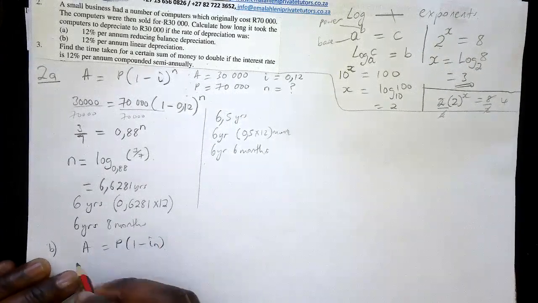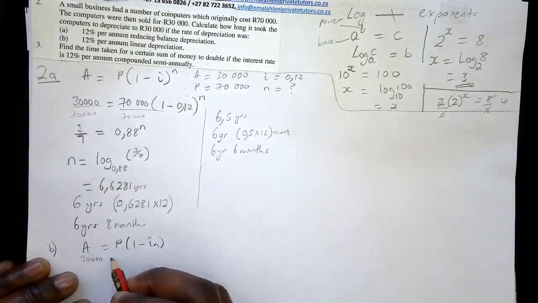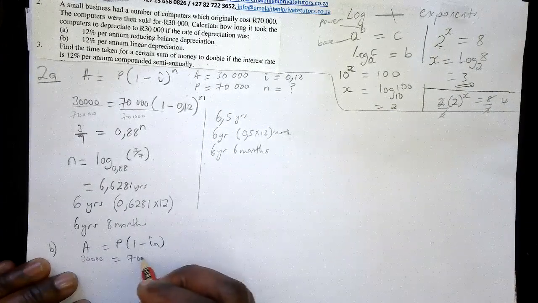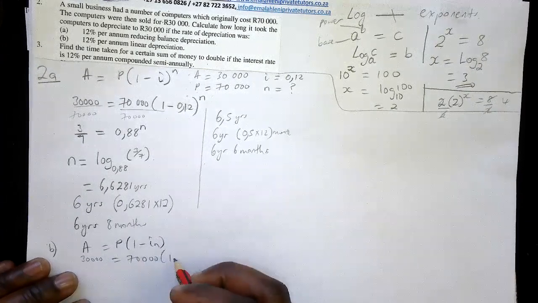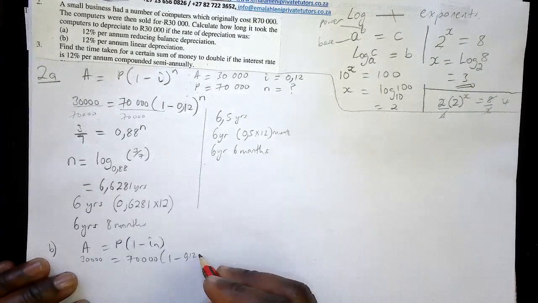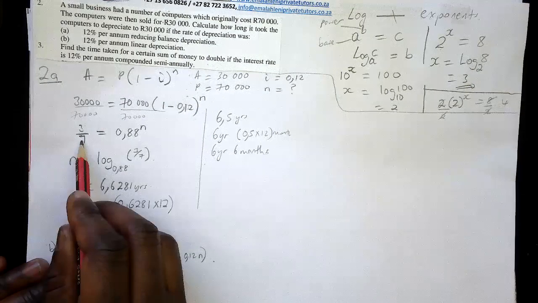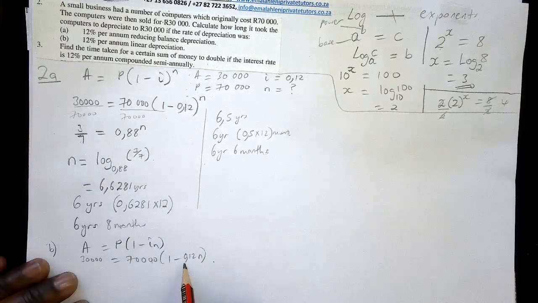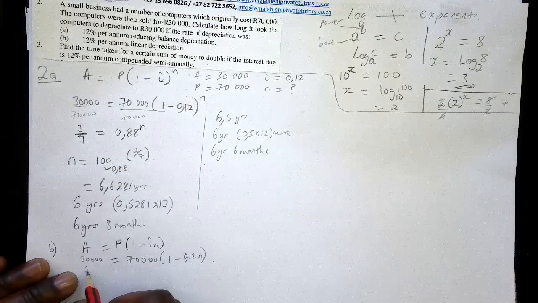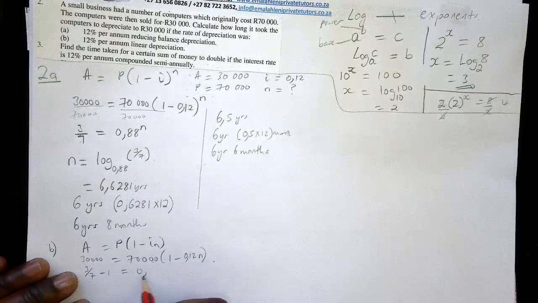In this case we're going to have 30,000 is equal to 70,000 times (1 minus i), where i is 0,12 N. Then we divide the same way we did here. We're going to get 3/7, then 3/7 minus 1, we take the 1 here, we bring it here, is equal to negative 0,12 N.